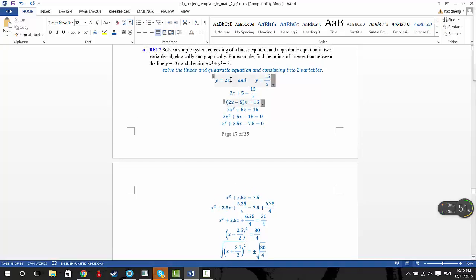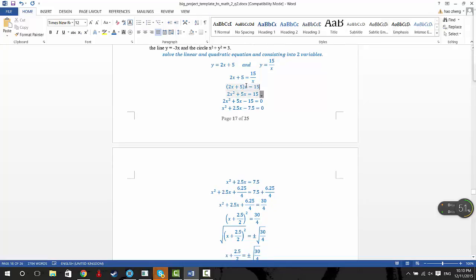Oh crap, wait. It should be plus 5. What? I have so many mistakes. Sorry about this, but yeah, forgive me. Okay, here. And then what we're going to do about this is, wait. Oh, we move the x over here. So we times both of these with x.